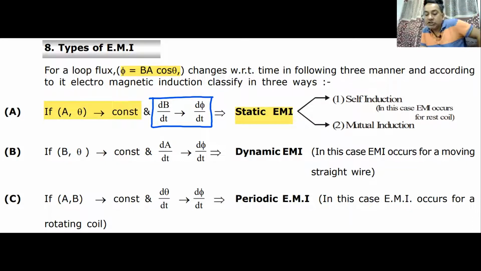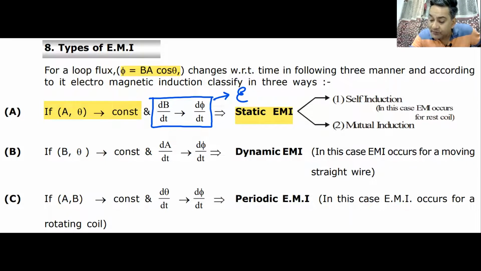Because of this change in the magnetic field with time, we have seen that electric field E is produced. That electric field is known as induced electric field. We have seen about that in the last lecture. You can always go through the last lecture. In static EMI, nothing will move. Only magnetic field will change. Flux would be induced and a current will come.